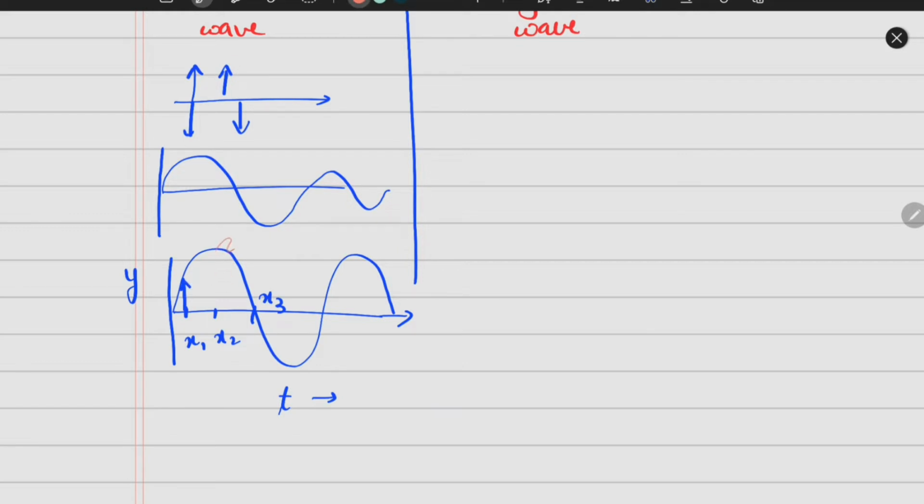The particle at x2 is displaced this much, and the particle at x3 is at the mean position. And at x4, the particle is displaced in the negative direction. So this is the way the wave is propagating in this direction, that is plus x direction, but the displacement of the particle is perpendicular to the propagation of the wave. So this is the transverse wave.